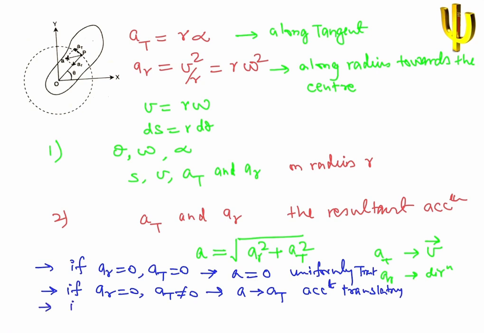Next, if AR is not equal to 0 but AT is equal to 0, then in that case acceleration will be only radial acceleration and motion will be uniform circular.